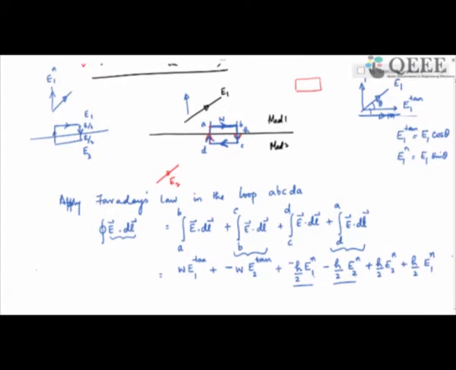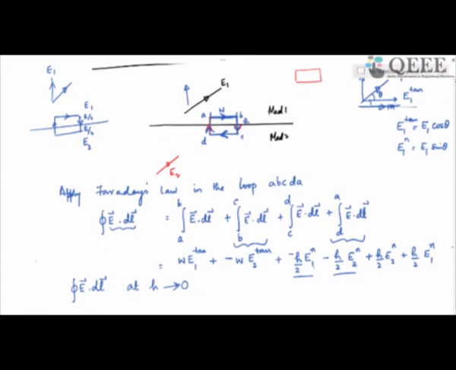Now, what I am going to do is calculate the integral of E dot dl. I want to know what is happening at the surface. So, how do I reach the surface? I started with a loop. That loop will converge to the surface only when h tends to 0.